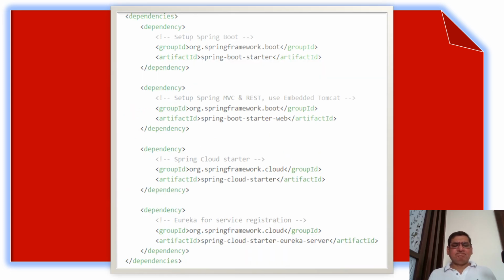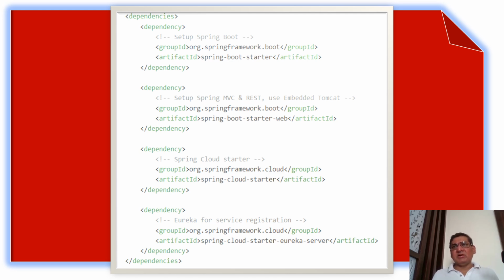This is the common Spring Boot application build form. Here we are adding the dependencies of the Spring Boot application, the top being the Spring Boot starter artifact. We have Spring Boot starter web. Now here I have included Spring Cloud starter. This is for the service registry, as we are working with Spring Cloud service registries.